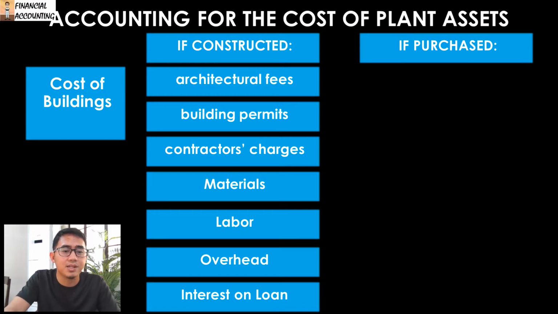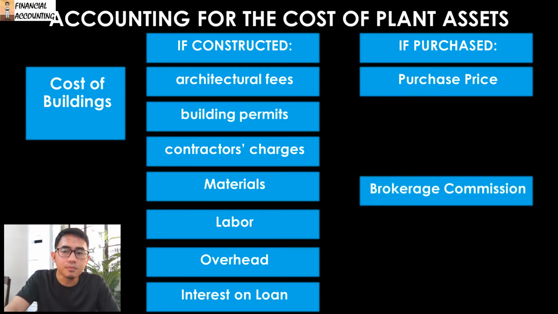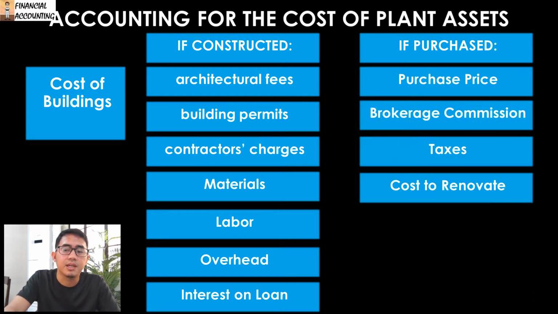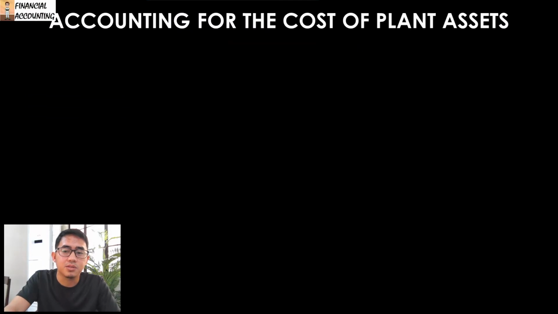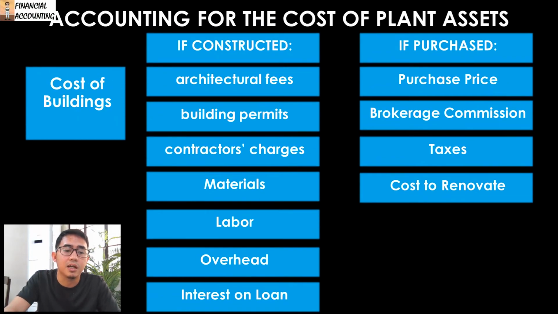But if the building is purchased, these are also the items that should be included in the cost of the building. Okay, brokerage commission, taxes, these are real property taxes, and cost to renovate.